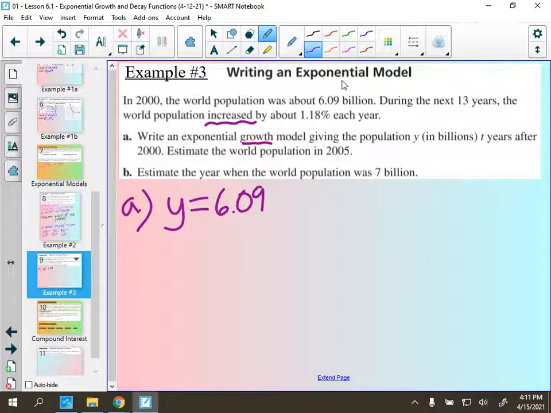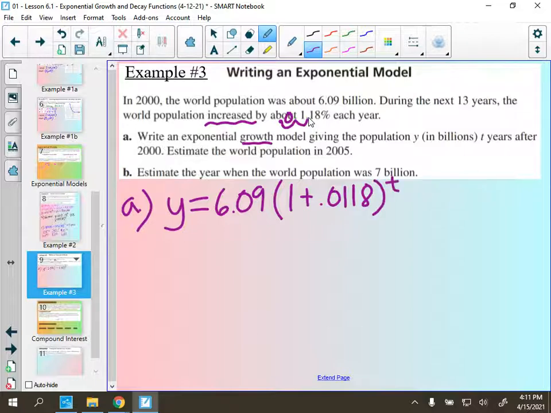All right. And then we add, it's always 1 plus my growth rate. It says we're growing by 1.18%. So remember, this is the percentage increase, but as a decimal. So I need to move that decimal point over 2 places, 0.0118 to the t power.